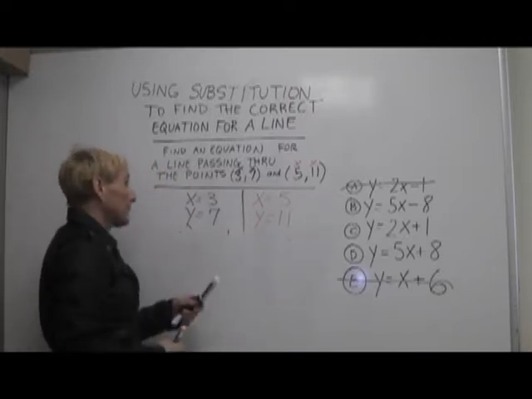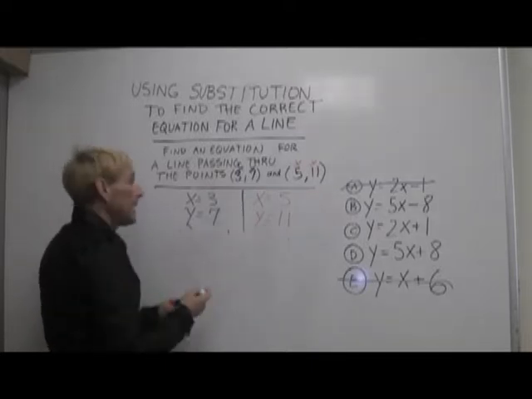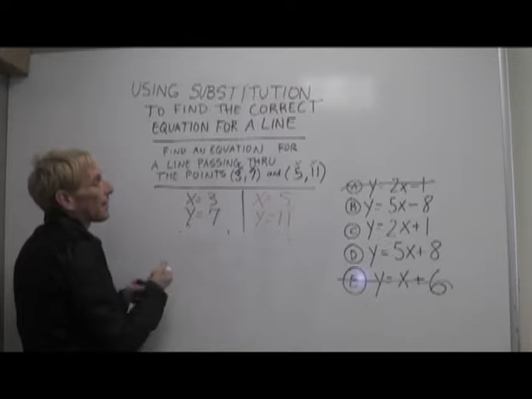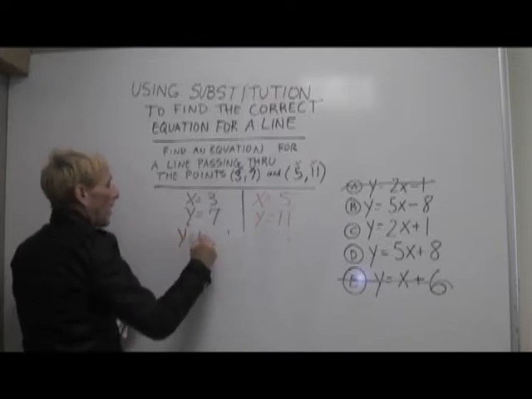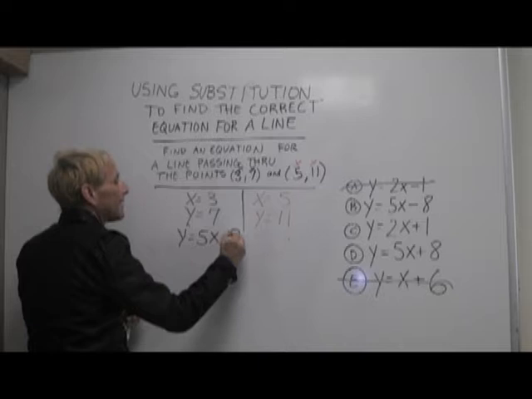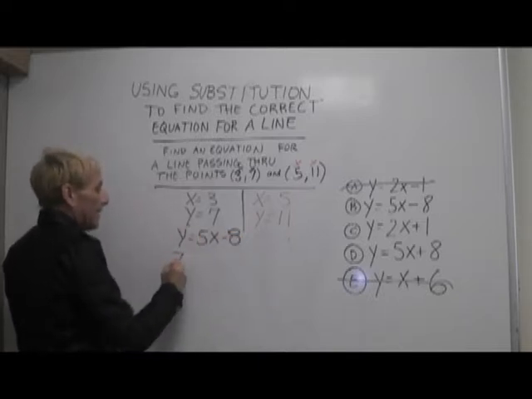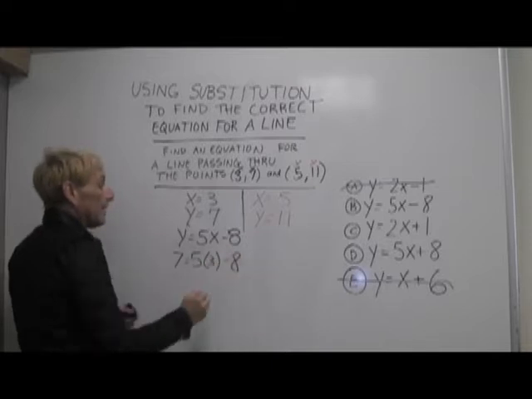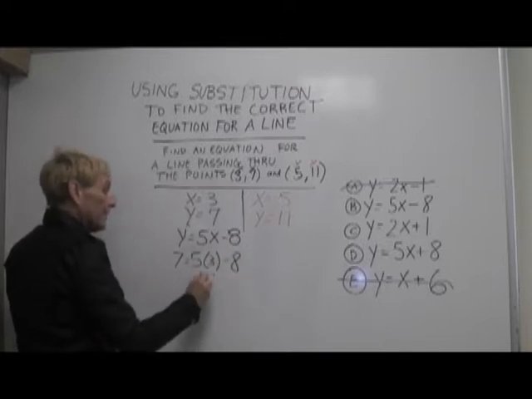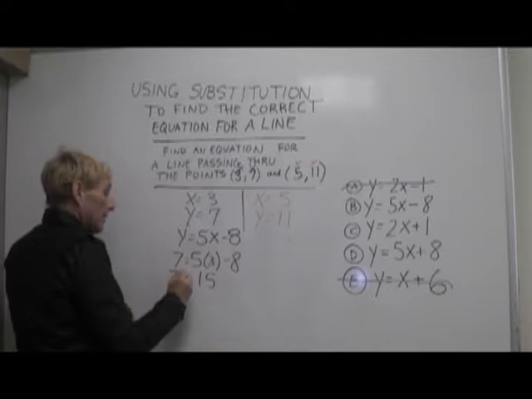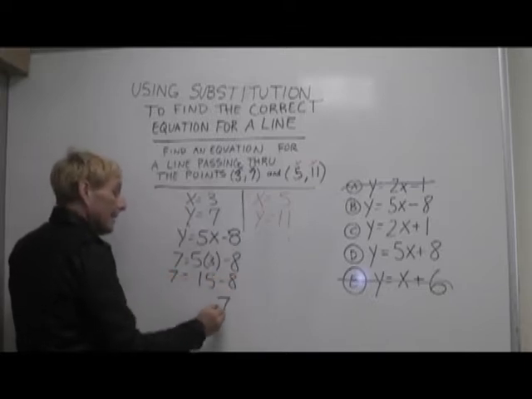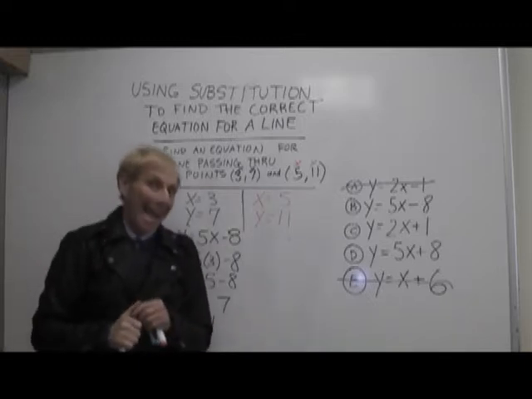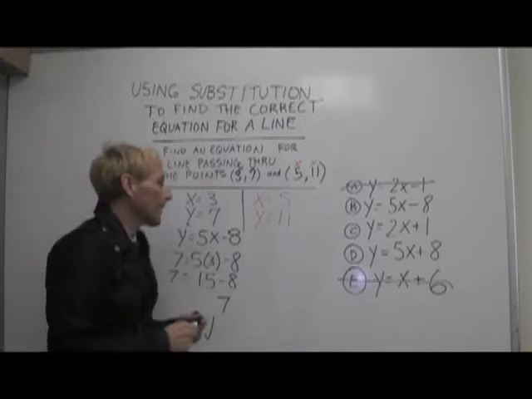Let's try another one. Let's try the B, and I'll try it here first. y equals 5x minus 8. 7 equals 5 times 3 minus 8. 5 times 3 is 15. Minus 8 is 7. It worked for this one. But remember, it has to work for both.